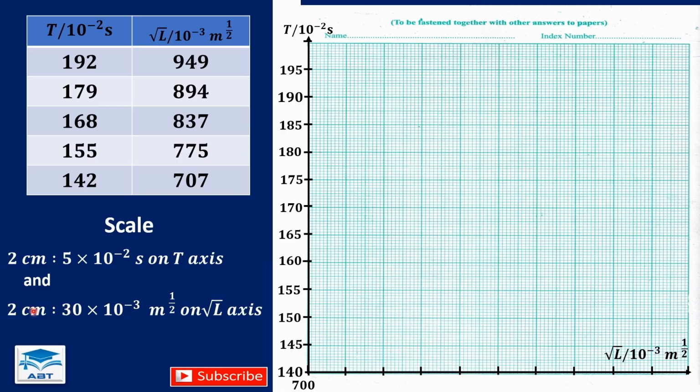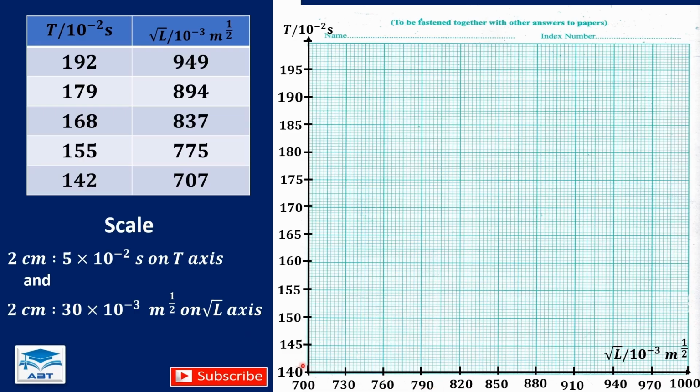And for root L axis, we can start from 700 since the least value is 707. And we choose a scale of 2 centimeters is to 30 times 10 exponent negative 3 meters exponent half on root L axis. So we are going to add 30 to 700. We have 730. We add another 30, 760. We keep on adding 30.